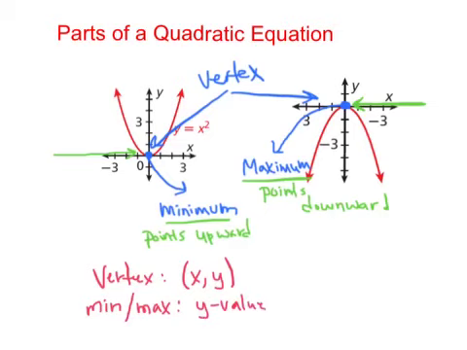For instance, in both of these problems the vertex is exactly the same, 0, 0. So the minimum for the graph on the left is 0, and the maximum for the graph on the right is also 0. Whatever that y value is, it's our minimum or our maximum, while the vertex is the actual point that we use.